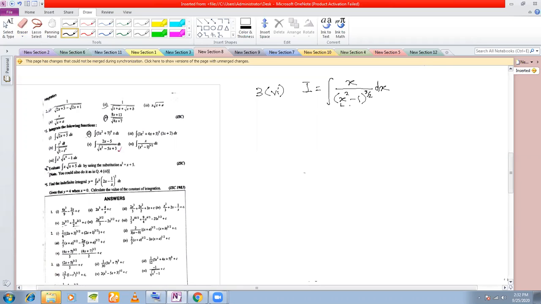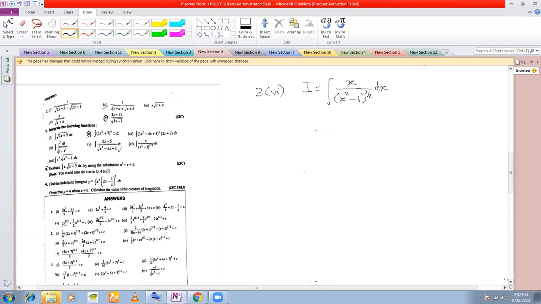What is the degree of x square minus 1? 2. And the degree of the numerator is 1. What is the difference in degrees? Only 1.